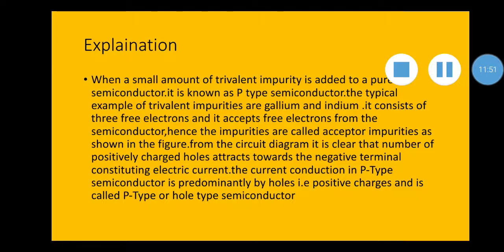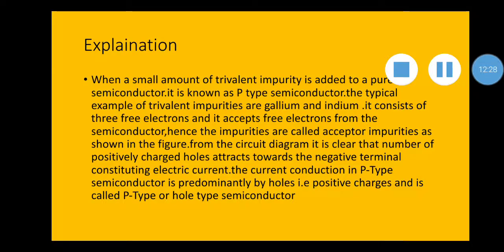The typical examples of trivalent impurities are gallium and indium. It consists of 3 valence electrons and it accepts free electrons from the semiconductor. Hence, the impurities are called acceptor impurities as shown in figure.